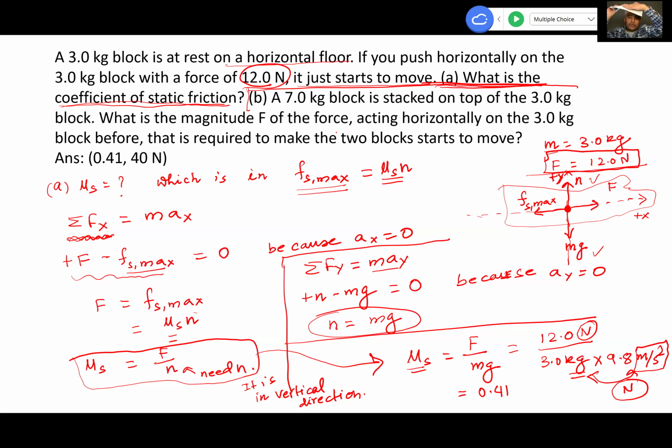So the friction coefficient is going to be still the same because the friction coefficient simply depends on what surfaces are in contact. The surfaces that are in contact are still the same, okay? The only thing changed is that now on top of this block here, there is another block. So the contact surfaces are still the same, meaning the friction coefficient is still the same.